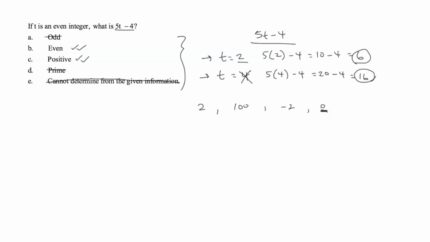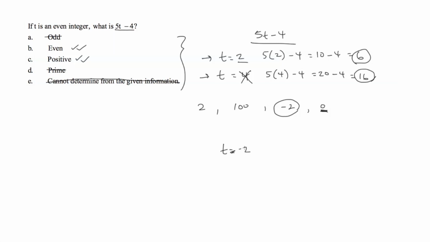If you take a look at the remaining answer choices, we have even or positive. Answer choice C should kind of stick out to you. We've chosen 2 positive integers so far, but we haven't tried a negative integer. So if we choose a negative integer, hopefully we'll be able to eliminate C. Let's see if that works.